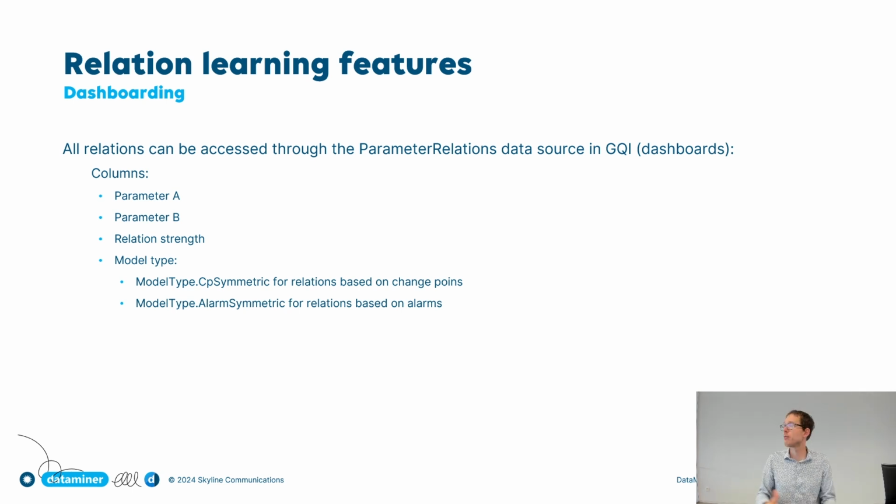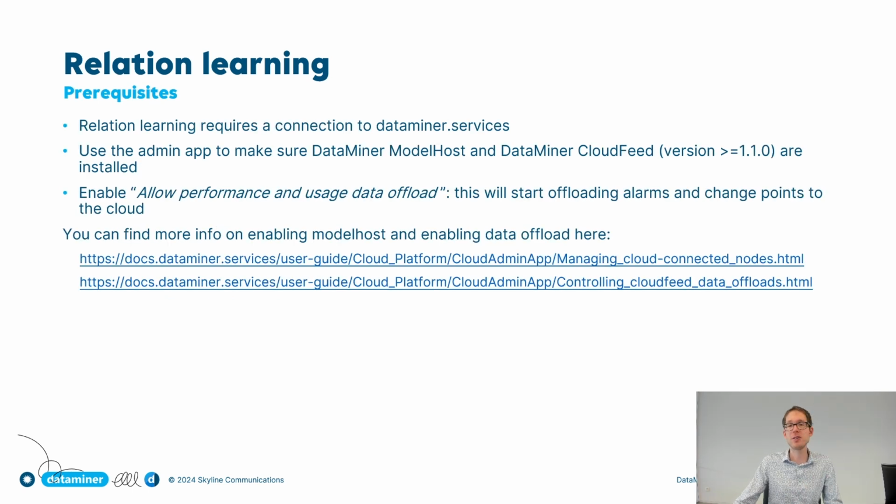So you can simply ask, for example, give me all the relations with a strength higher than 0.99 or something. And this will give you a nice overview in the dashboard of all the parameters that have this very strong 0.99 relationship.